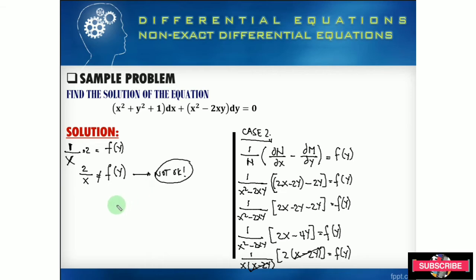Therefore we can say that we are going to use case number 1, where f as a function of x is just equal now to negative 2 over x.